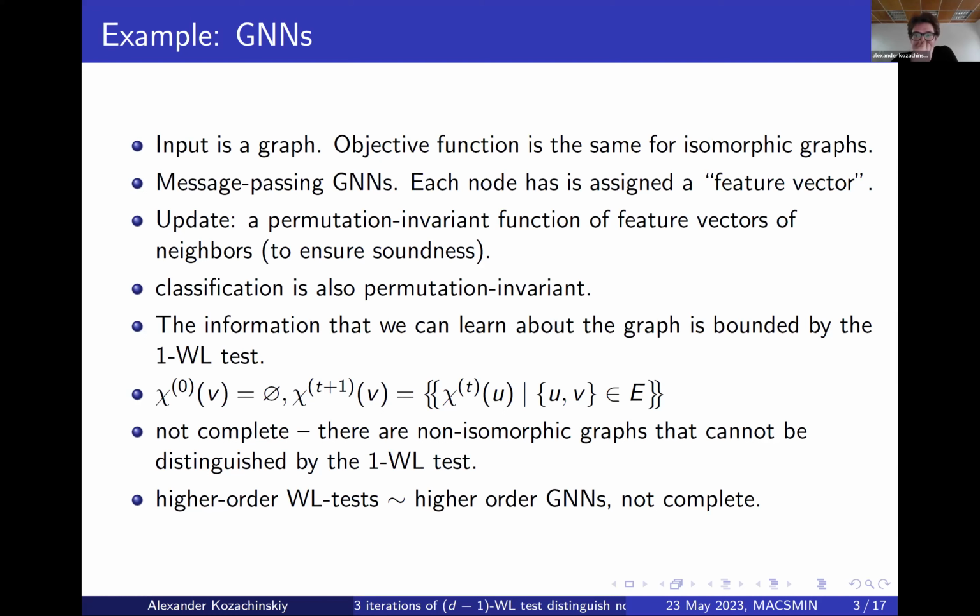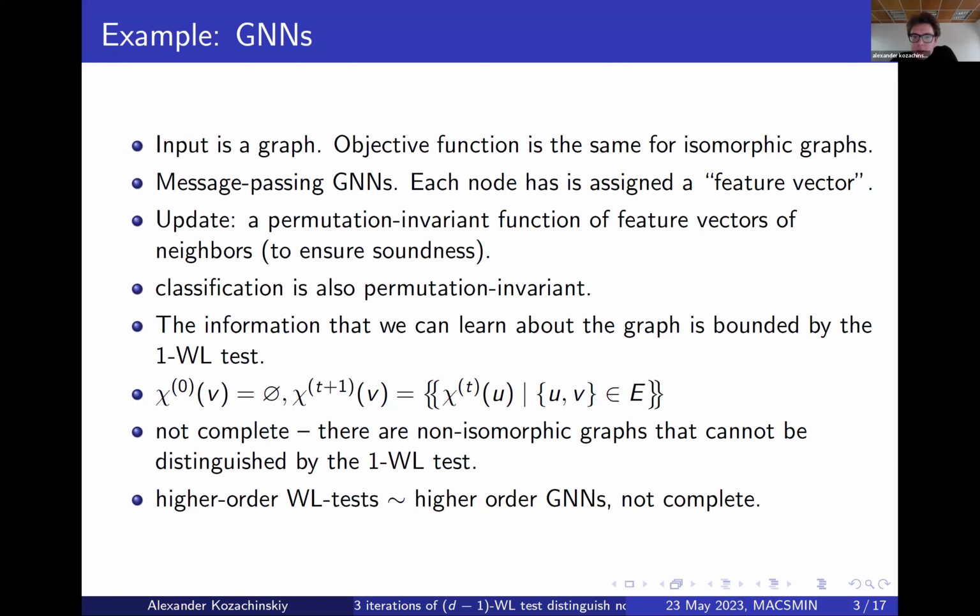It's hard to say what in the beginning, but it will be an iterative definition. In the beginning, if we have an unlabeled graph, we want to assign the same label to every node. For example, you can say that chi 0 of v is an empty set for every v.